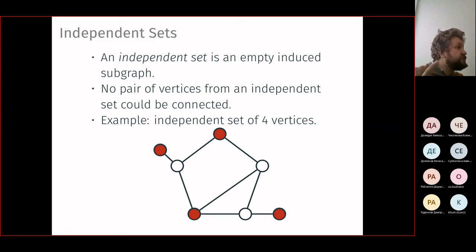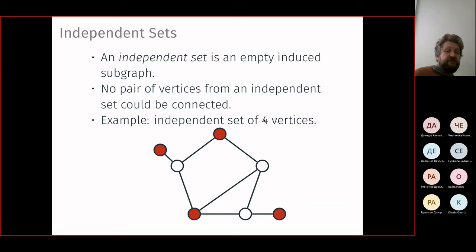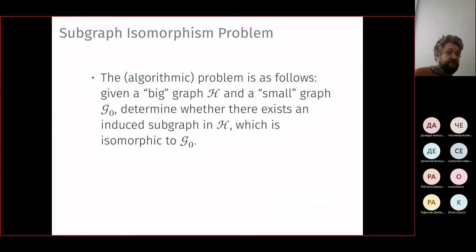It's important that it is induced, because otherwise we could just remove all the edges. So the edges should not exist also in the original graph. And we showed that, for example, the problem of existence of an independent set of a given size is an NP-complete problem. It's a particular case of subgraph isomorphism.